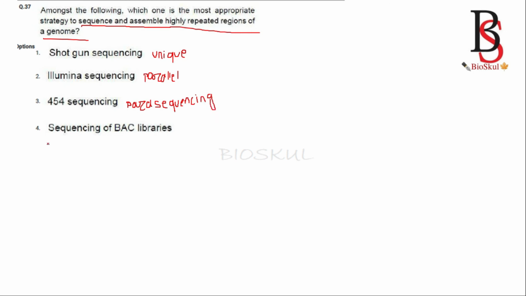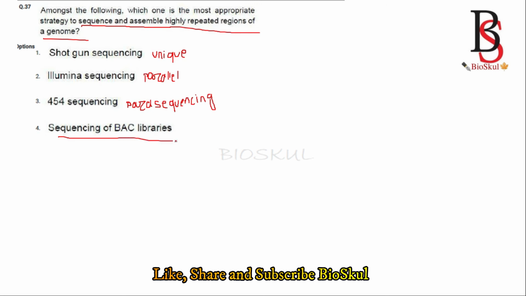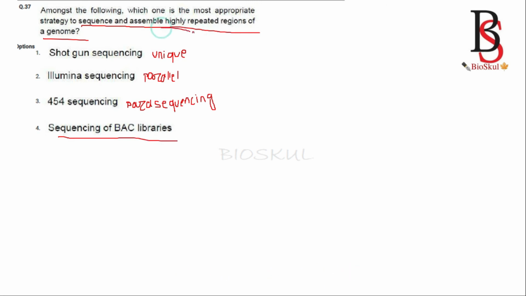So the option which is left is option 4, sequencing of BAC libraries. Yes, that is used for sequencing and assembly of highly repeated regions of the genome. The correct answer is option 4.